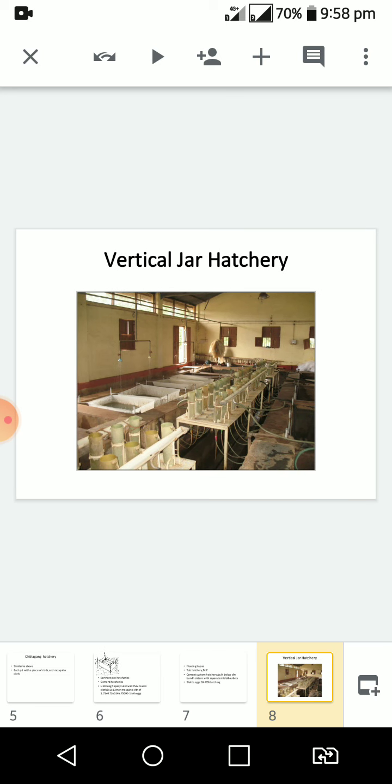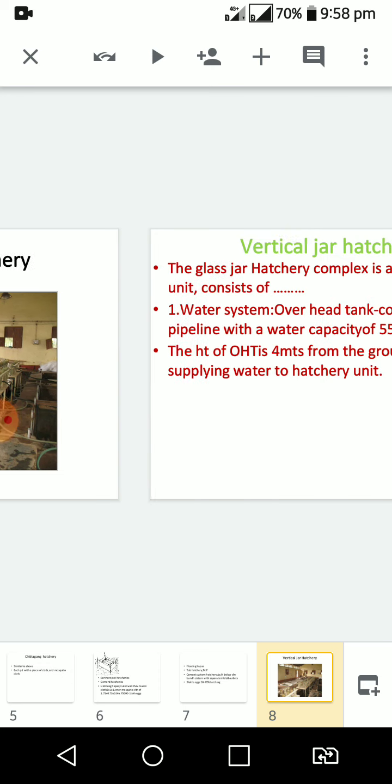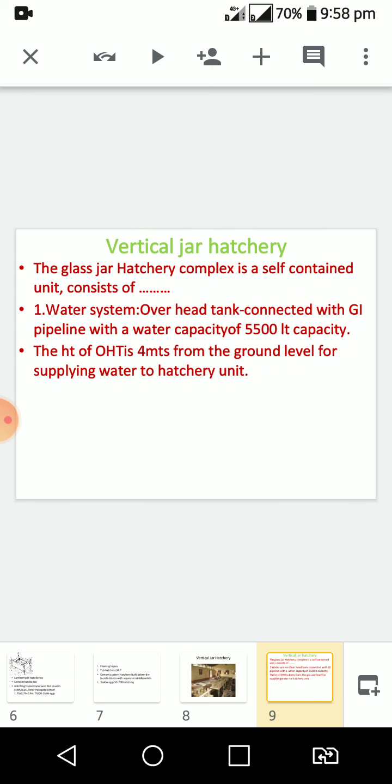This is the structure of the vertical jar hatchery. The vertical jar hatchery is also a type of glass jar hatchery. In this water system, the overhead tank is connected with a GI pipeline with a water capacity of 5,500 liters.